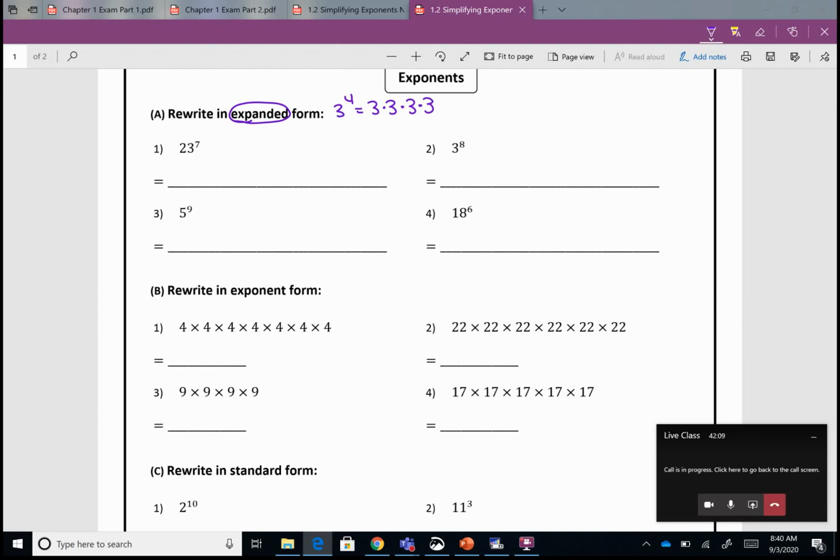When it says to rewrite in exponent form, that's when we take 3 times 3 times 3 times 3 times 3, and we rewrite it as 3 to the 5th. Again, nothing in my calculator. I haven't touched the calculator yet for any of those top 8 questions. The top 8 questions are all about practicing and make sure we know what that exponent means, what it does.